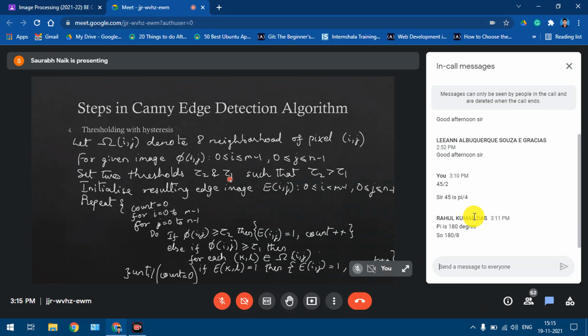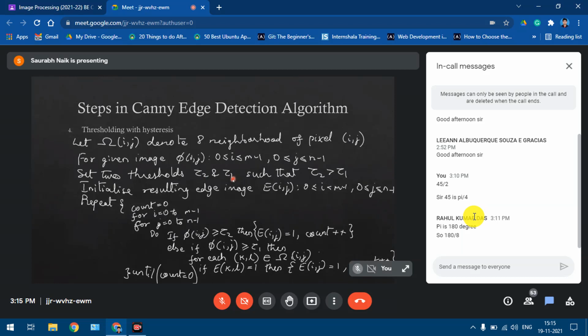Okay, and what we do is we basically say that if the gradient is greater than tau 2, then it will definitely be an edge pixel, and if it is less than tau 1, then it is not an edge pixel.